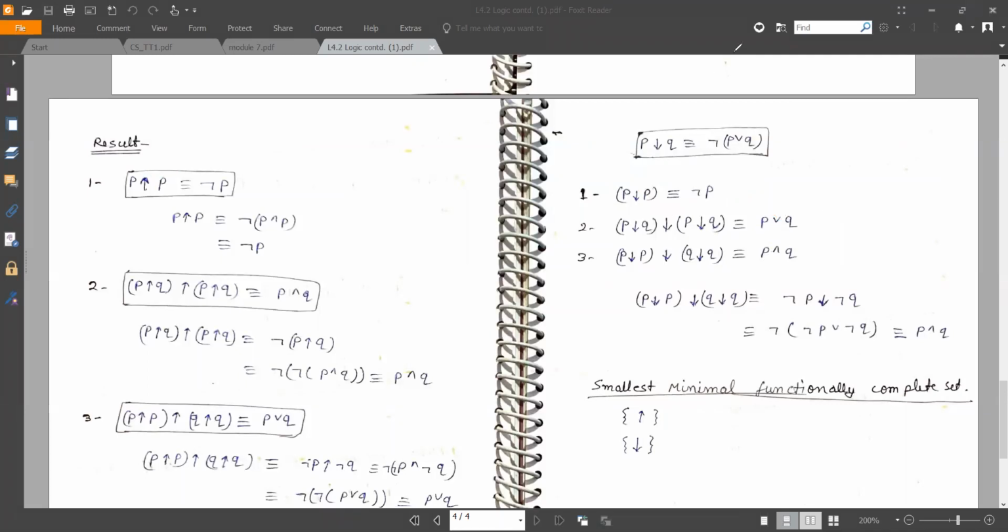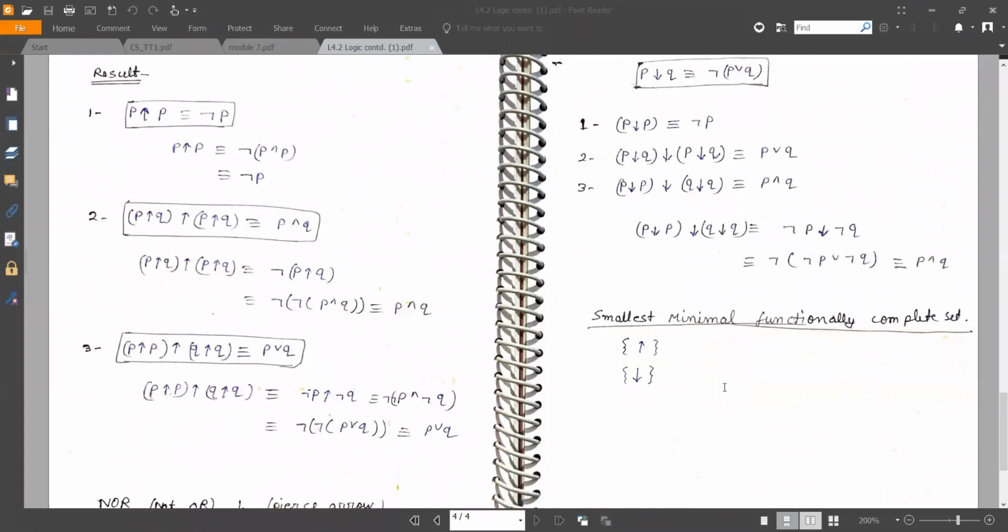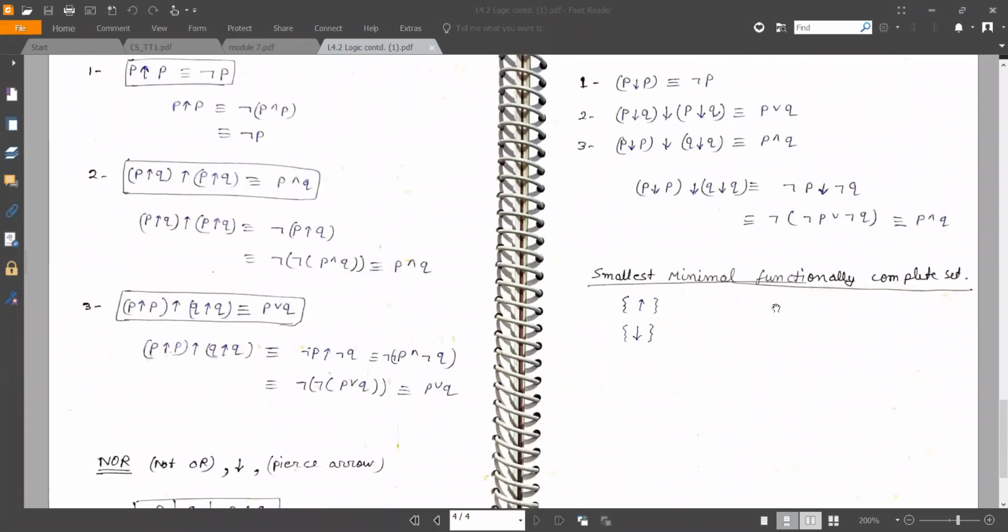Now, we have already defined what a functionally complete set is: the minimal set of operators that can be used to represent any kind of propositional logic. The NAND and NOR are universal functionally complete sets. So the NAND and NOR operators are the smallest minimal functionally complete sets.